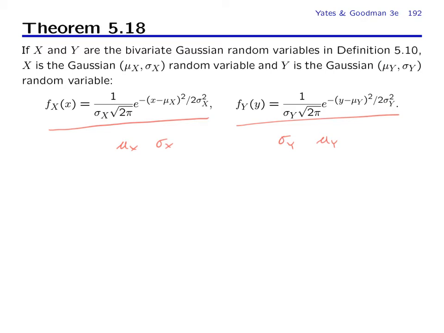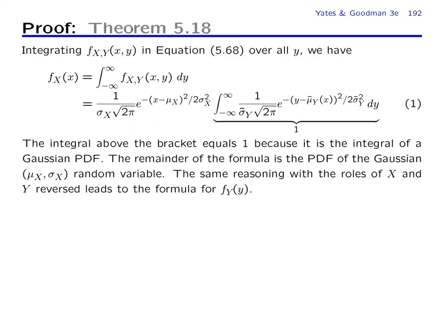So individually, x and y are simply Gaussian random variables, but they're Gaussian random variables that have a dependency through the parameter rho.